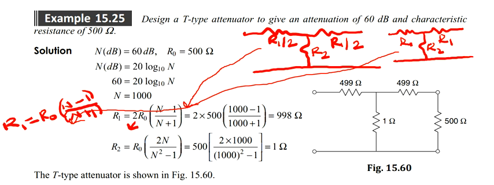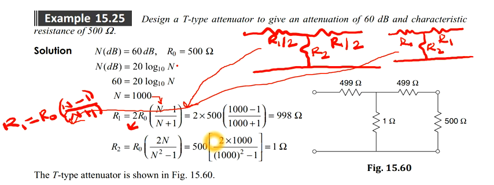So N in dBs is equal to 20 log 10 n, which is in nepers. So this n value you should be substituting in the formulas. These two are very important points while solving the problems of design of attenuators.